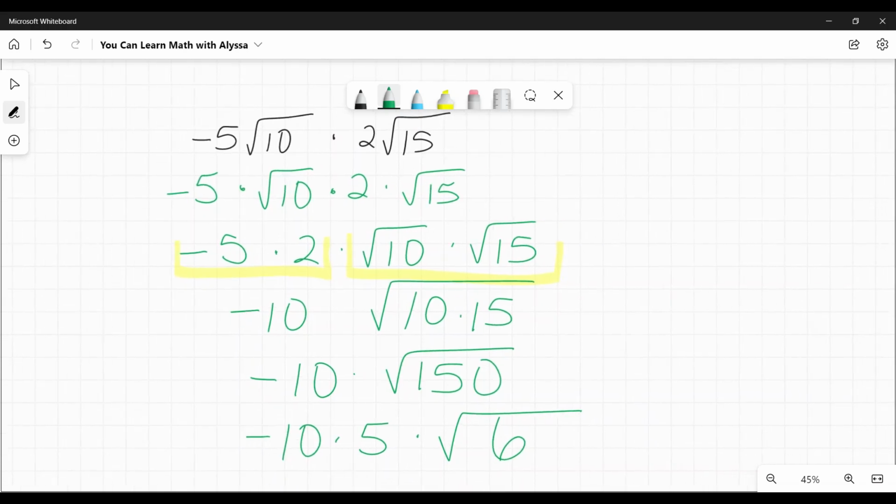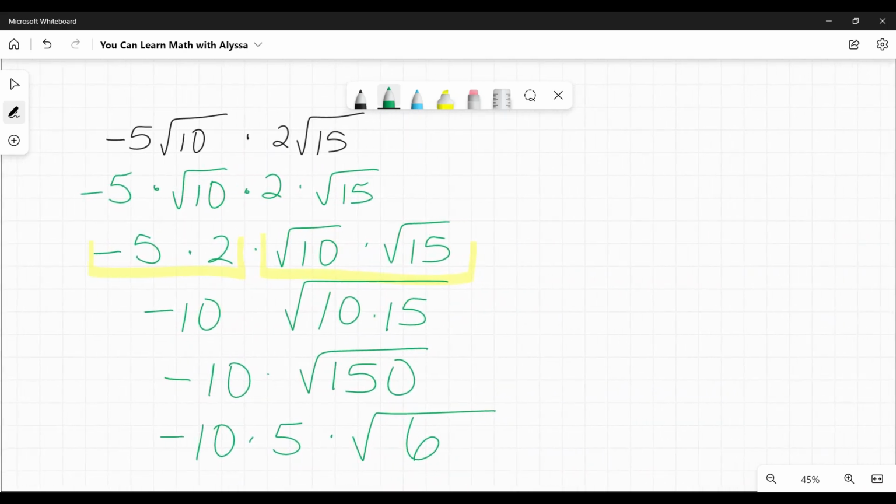I can't say that enough. Right, and finally, now we have our -10 and our 5 both outside, so I can multiply those together to get -50, and the square root of 6 just stays as is, and I'm done. This is at the simplest form, and all the numbers outside have been combined.